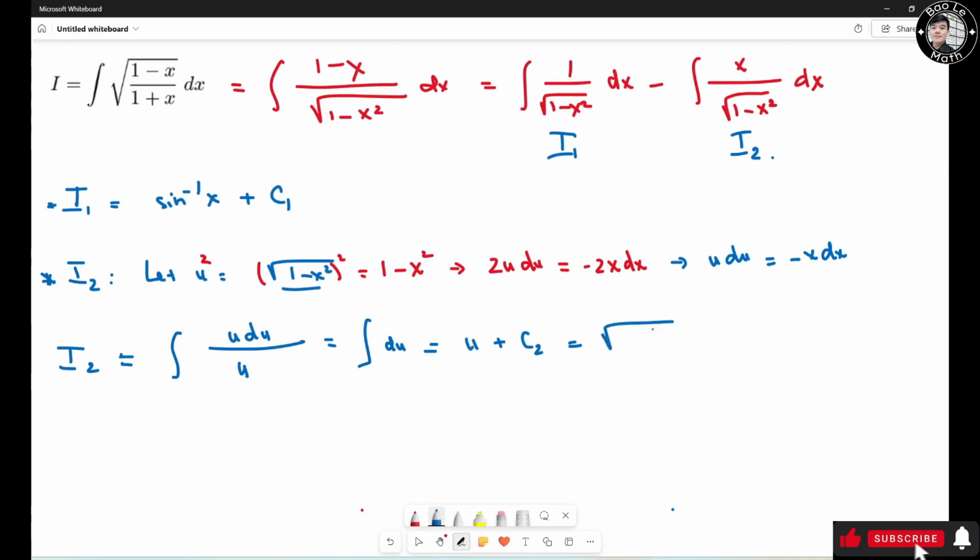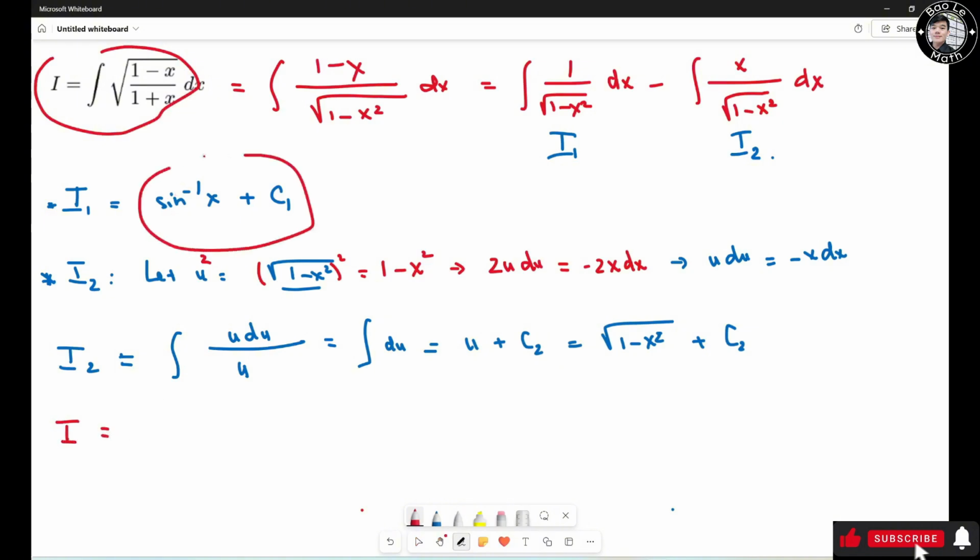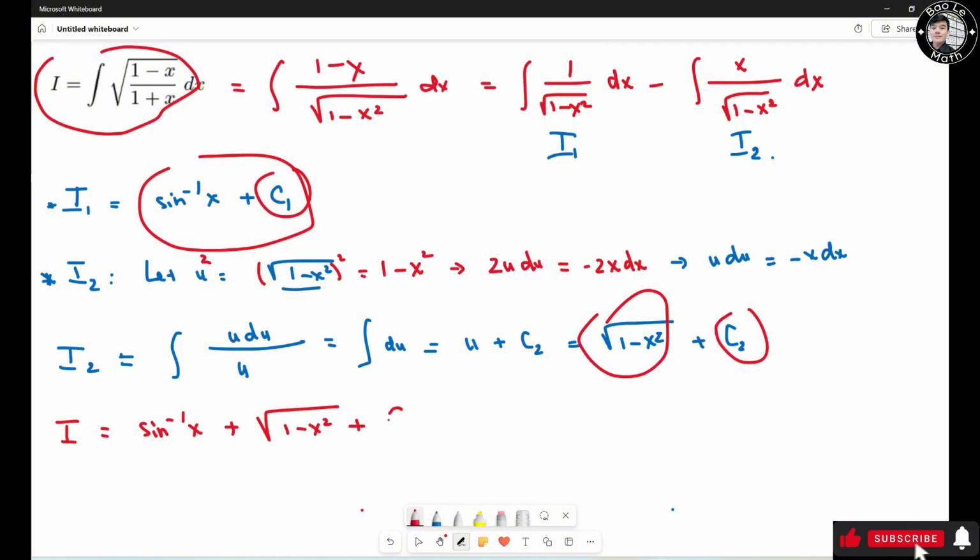So it could be square root of 1 minus S squared plus C2, right? Now finally, I becomes I1 plus I2. I1 is this guy, right? So it could be sine inverse of S plus I2, which means this guy, right? Square root of 1 minus S square, right? Now C1 and C2, I'm going to combine this guy as C. And this one is the final answer.